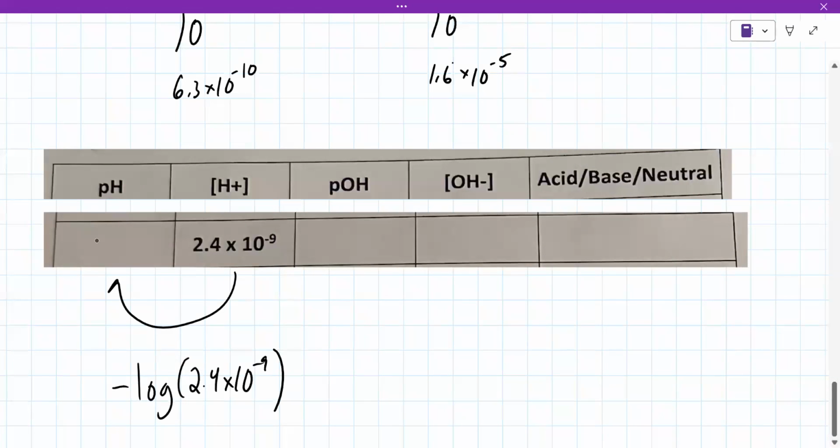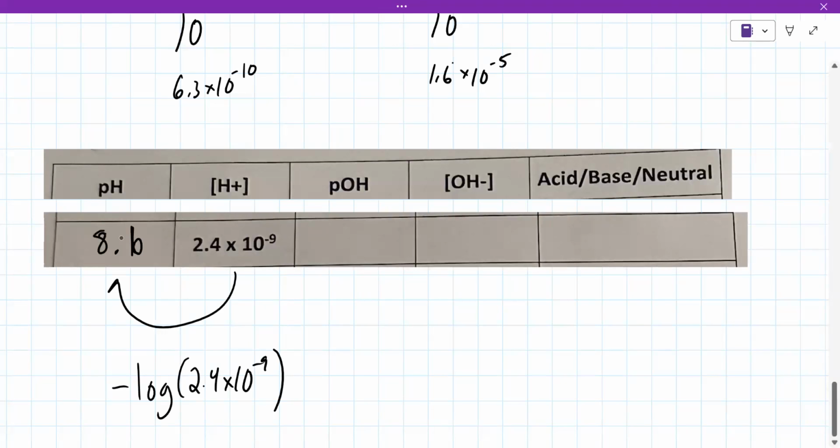2.4 times 10 to the minus 9. Okay, negative 8.6.